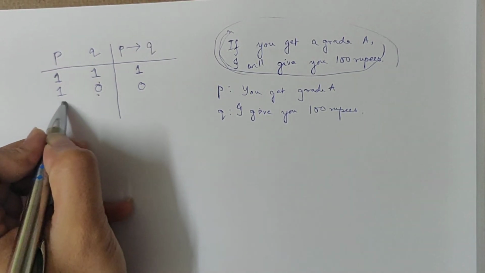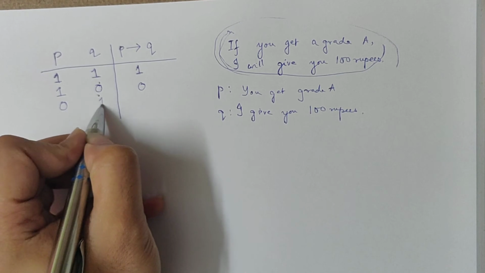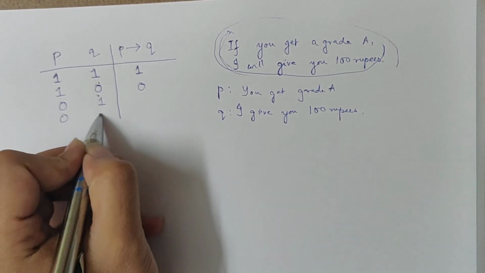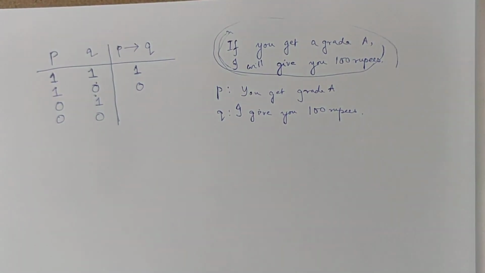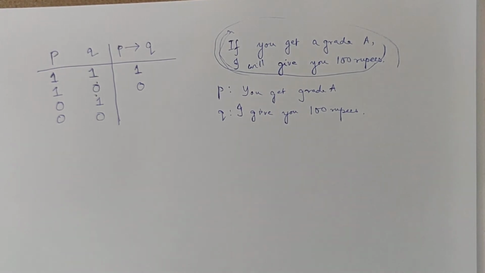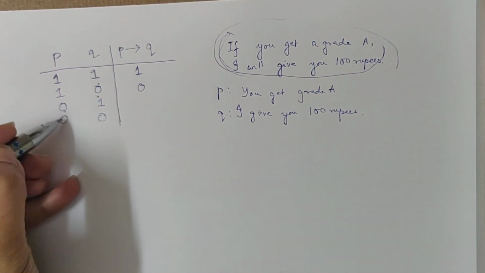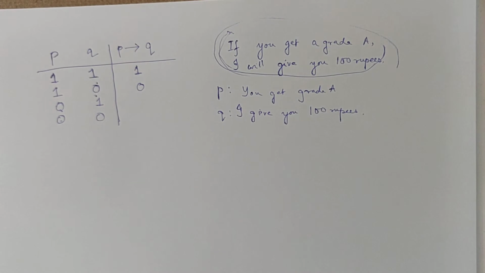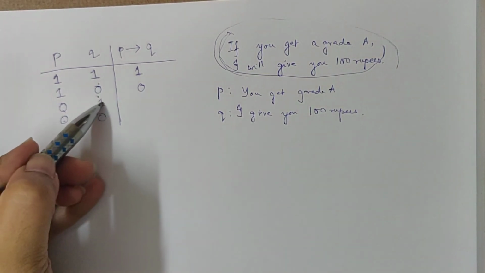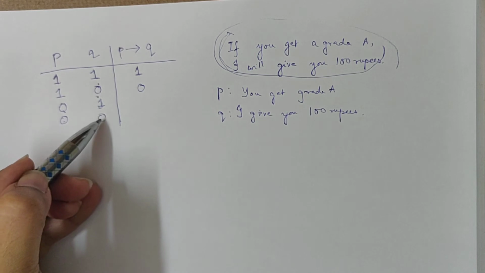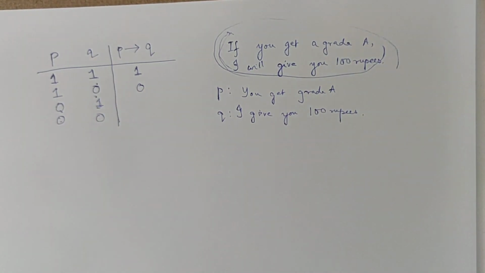Now I add two more lines. The thing here is, in the first case, you did not get a grade A. Since you did not get a grade A, whether I gave you 100 rupees or whether I didn't, I haven't broken my promise. Is that right?